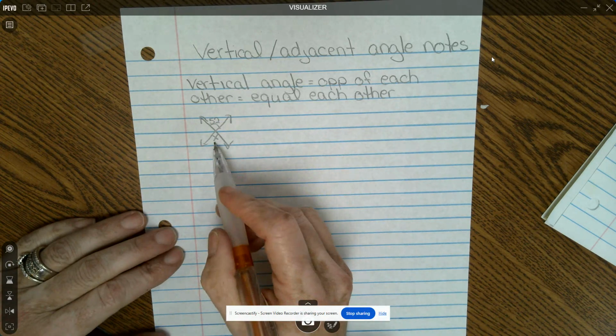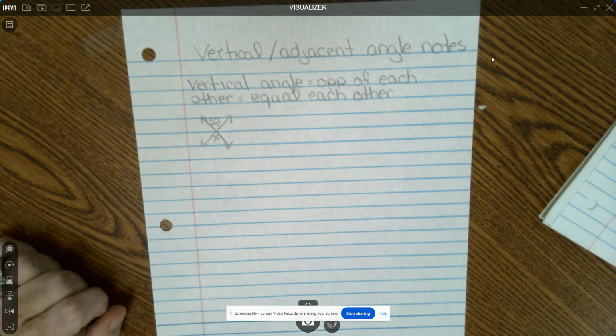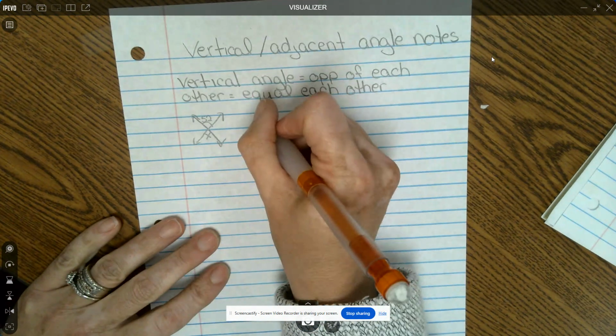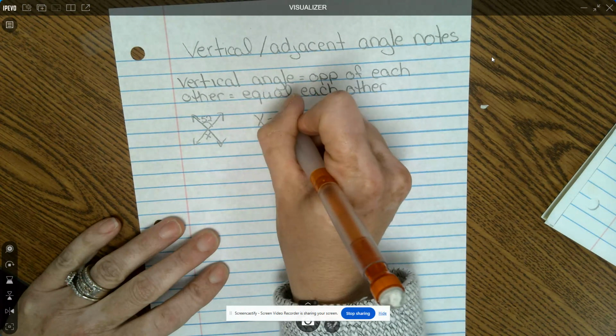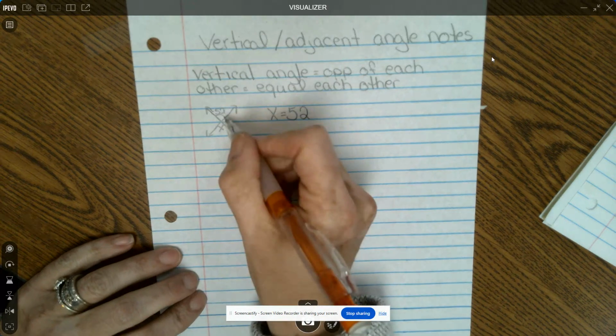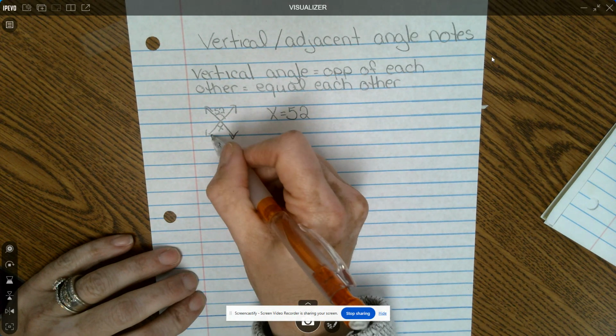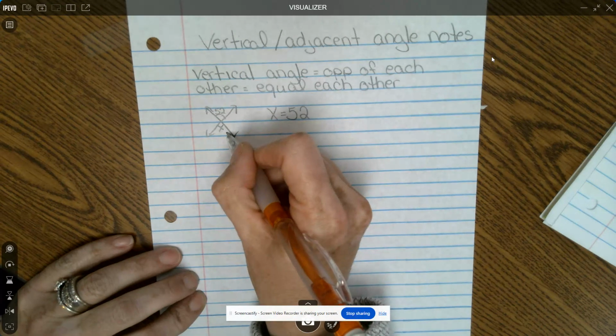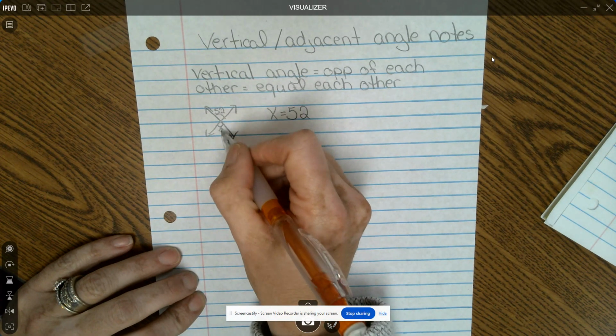What is this angle equal? 52. So all I'm saying is that this angle here is vertical to this angle, so these guys equal each other.